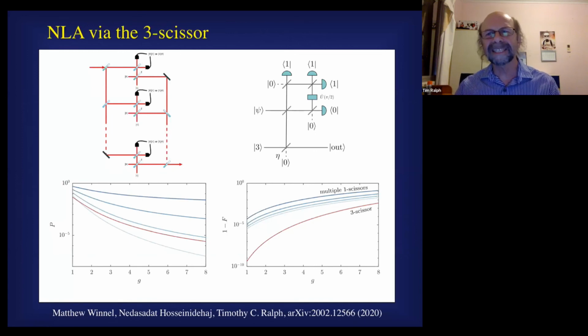And basically, if you take a cat amplifier where there is a 4-lobed cat sitting here and the input states are superpositions of 4 different coherent states, and then you reduce the amplitude of the cat, then for an odd cat, it ends up reducing to a 3-photon Fock state and turns into an NLA.